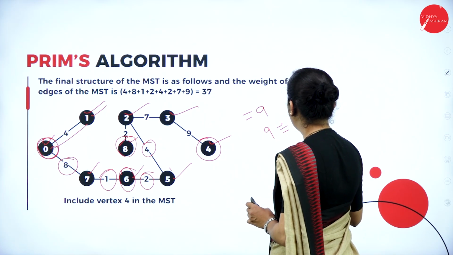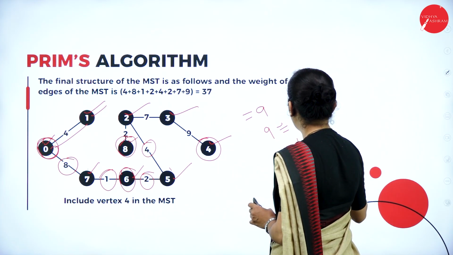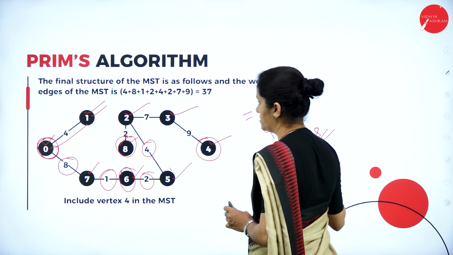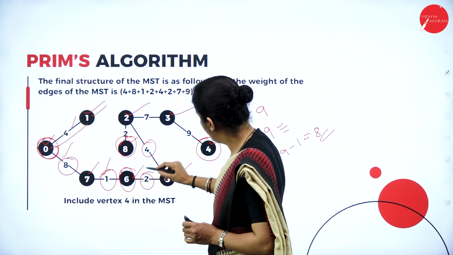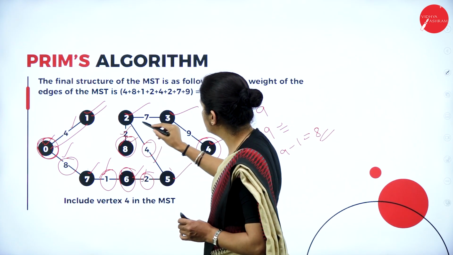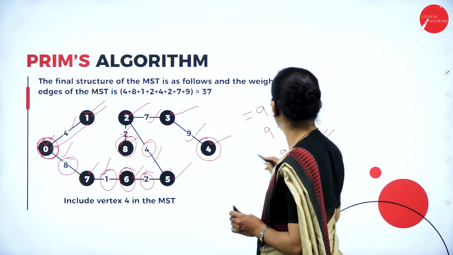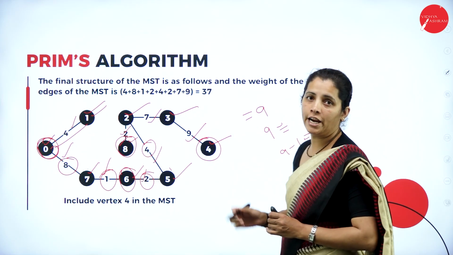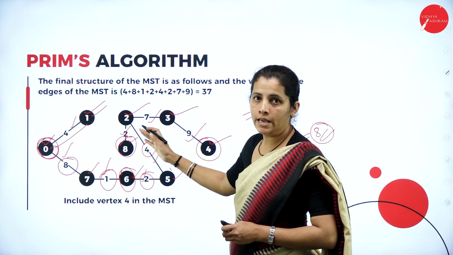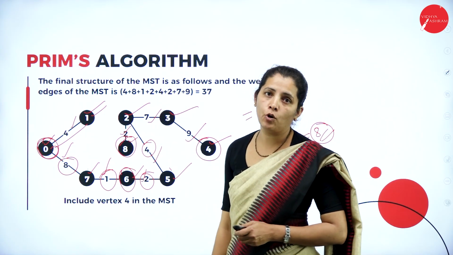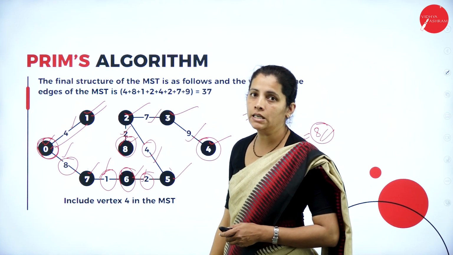That is 9 minus 1, that is 8 edges. So 1 edge, 2, 3, 4, 5, 6, 7 and 8. So 8 edges. So it's a minimum spanning tree and it satisfies all the properties of a spanning tree.